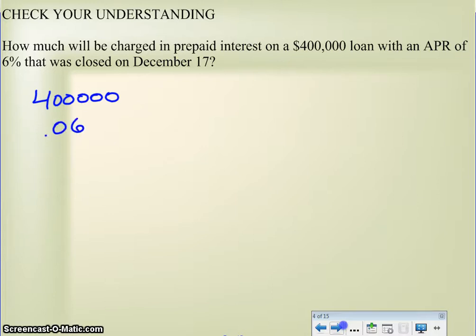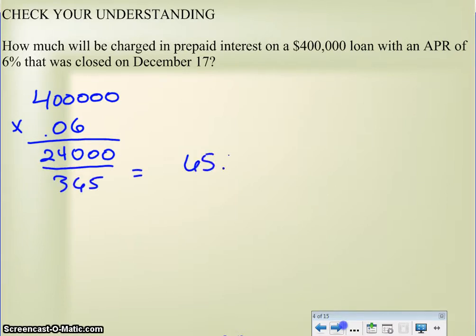So if we multiply those two together, we end up with about $24,000. And then once we take that and we divide that by the 365, we get $65.75 in interest for our daily interest.